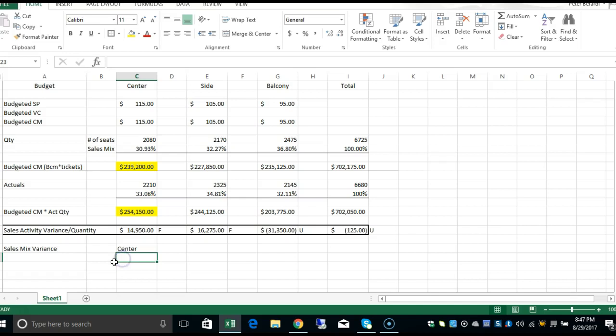So the way to do that is simple. On the center, you want to take the flexible amount of $254,150. Or you could just simply take the budgeted contribution and multiply it by the actuals.